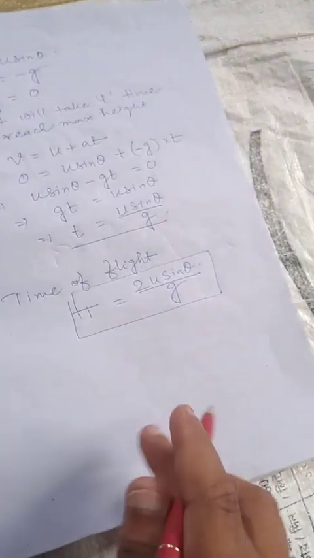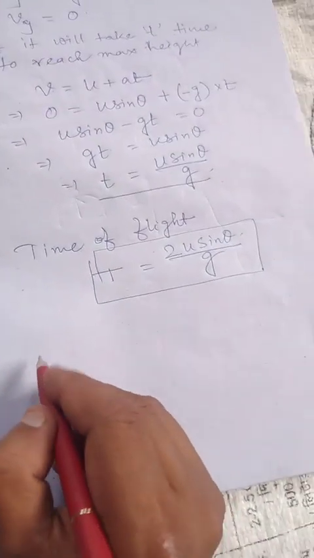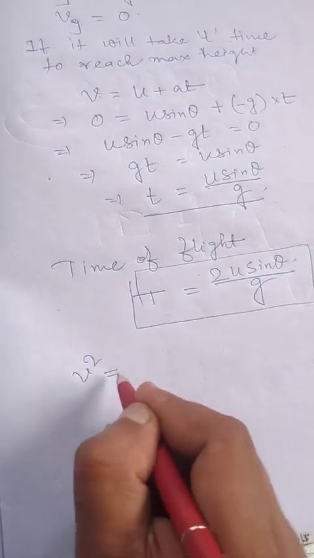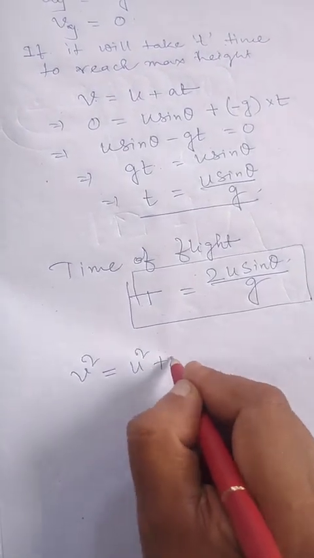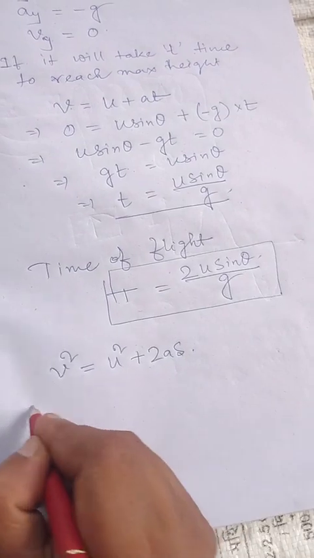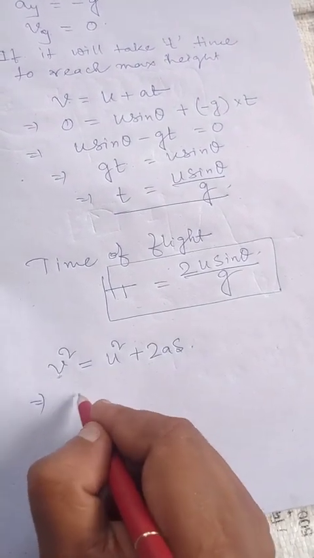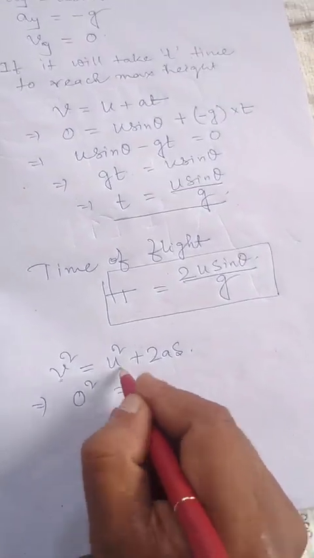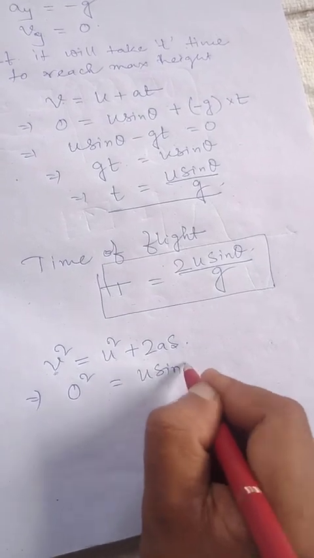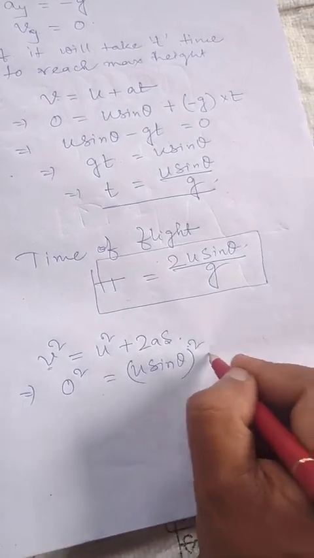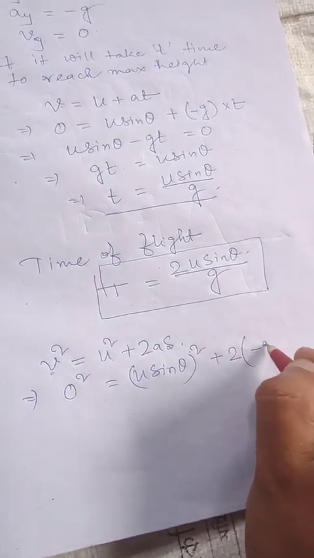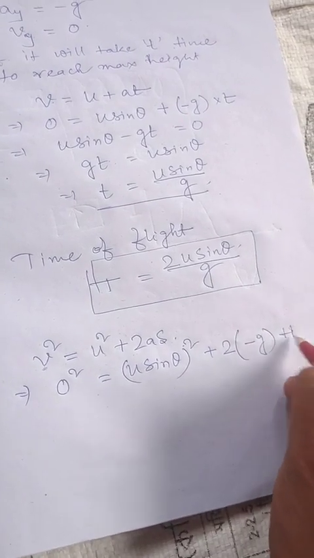Using the formula v square equals u square plus 2as, the final velocity is 0 square equals u sin theta whole square plus 2 into minus g into h.